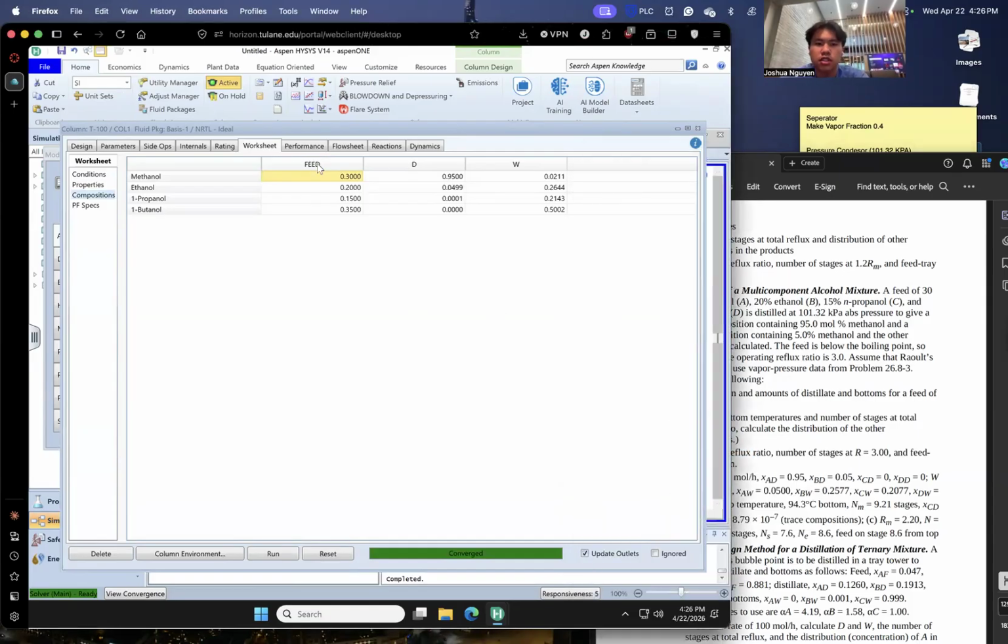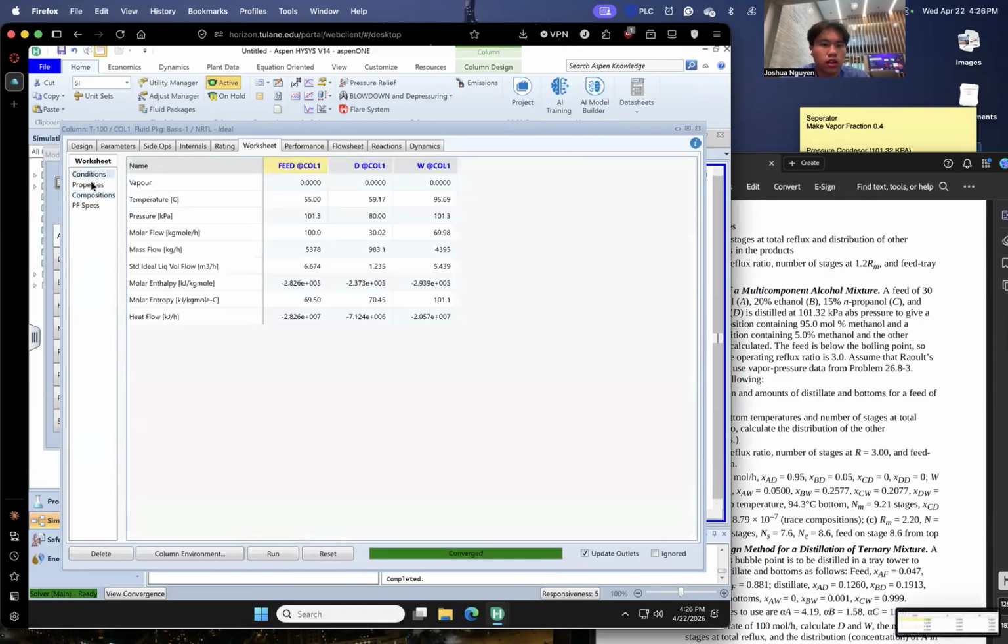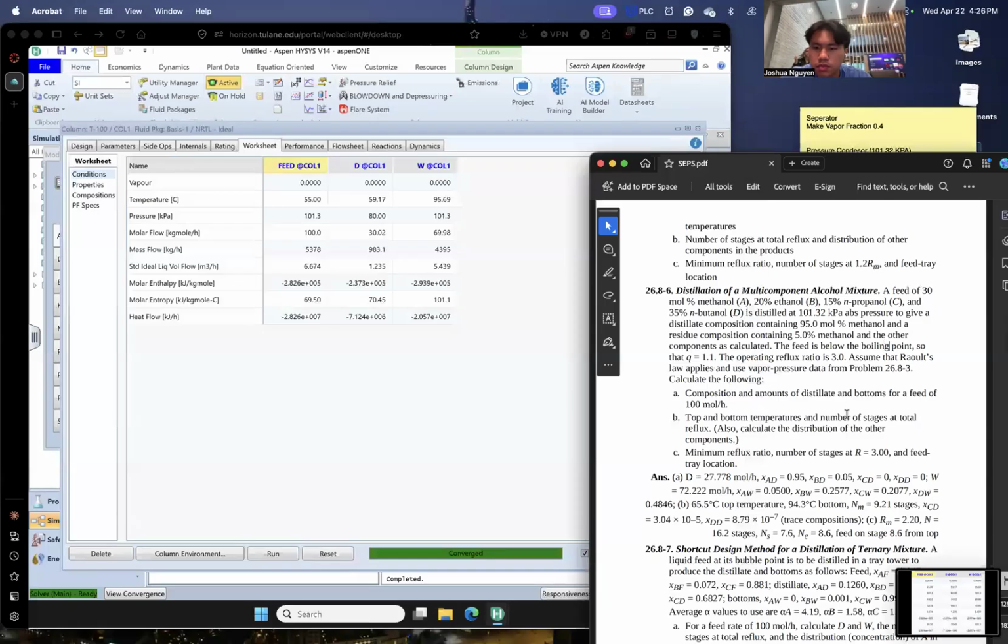We have these compositions, the distillate, feed, and the waste stream, and then also these conditions for the same thing. Then top and bottom temperatures, we already set it to total reflux, so these will be the top and bottom temperatures, which is fine.